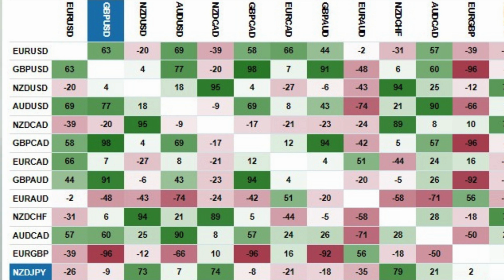Using the 15-minute as an example, you could make a trade on GBP USD and New Zealand dollar yen, and you could comfortably make those two trades simultaneously while risking whatever your risk amount is per trade, comfortably knowing that those two currencies are only 5% or negative 5% correlated with each other, meaning that there isn't a big correlation. You're not making the same bet twice. So those are two different ways you could go about trading these correlations.